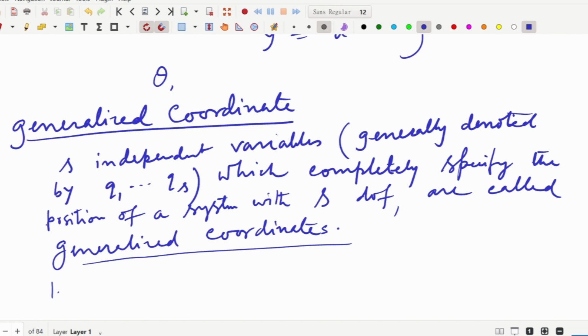They may be scalars, they may not be Cartesian coordinates, and they may have any dimension.